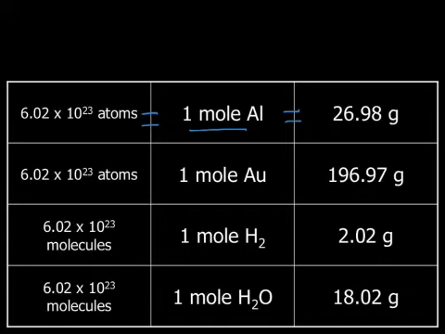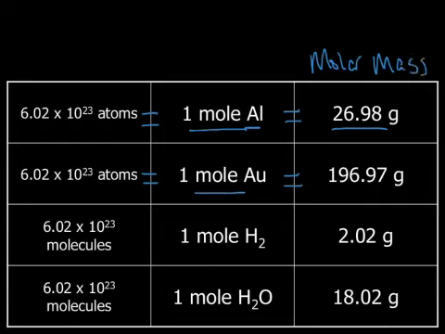If you look at aluminum on the periodic table and its atomic mass, you will see 26.98 in the box. Our next example, 1 mole of gold, again equal to 6.02 times 10 to the 23rd atoms of gold, also equal to 196.97 grams. And again, this last column is the molar mass of all these substances.